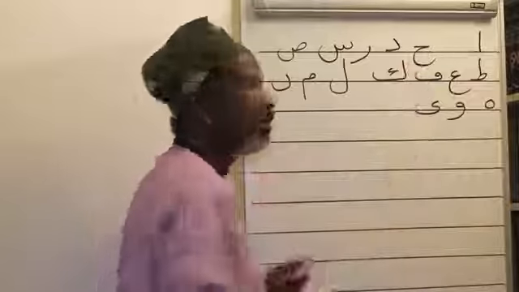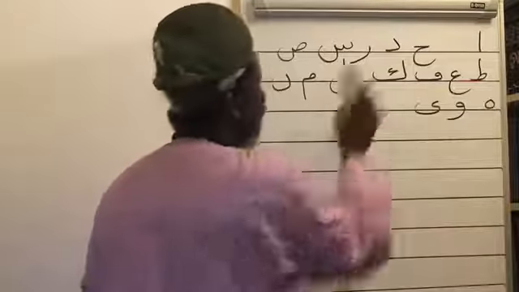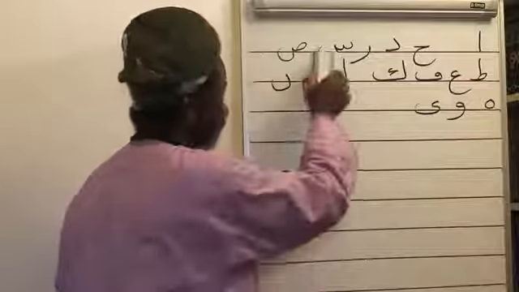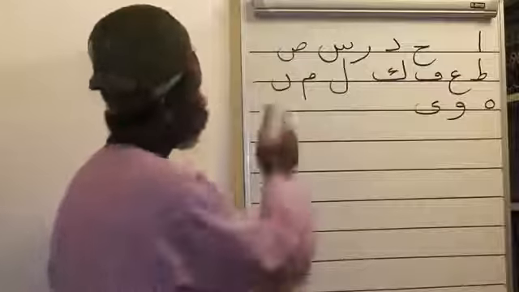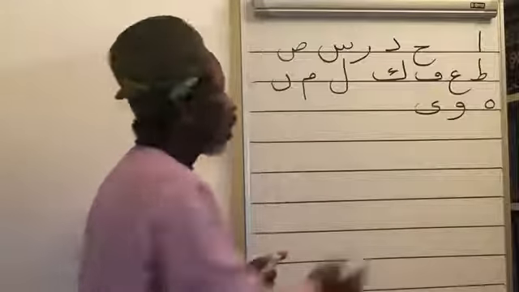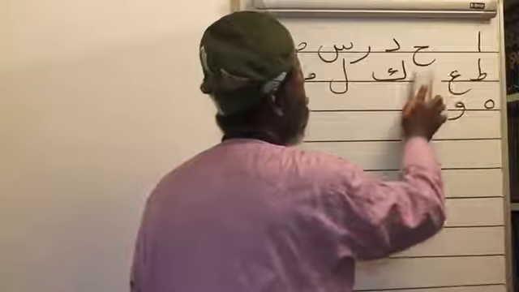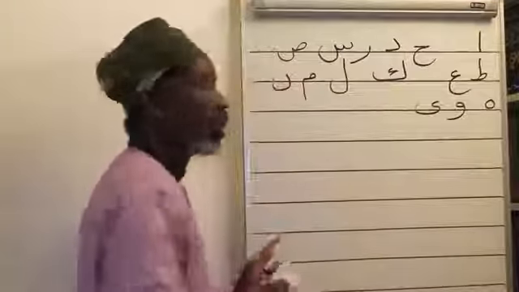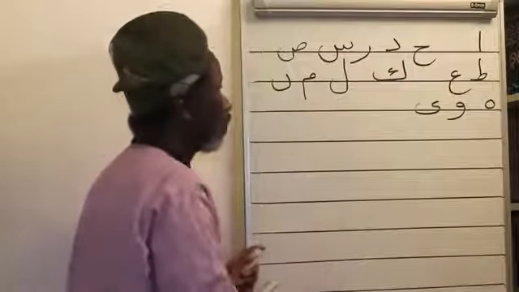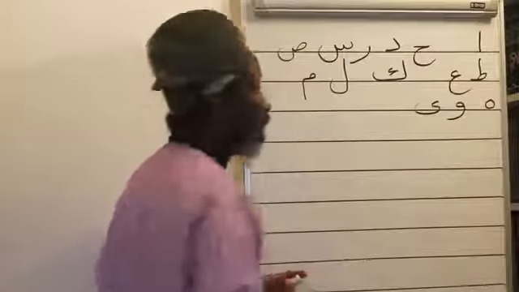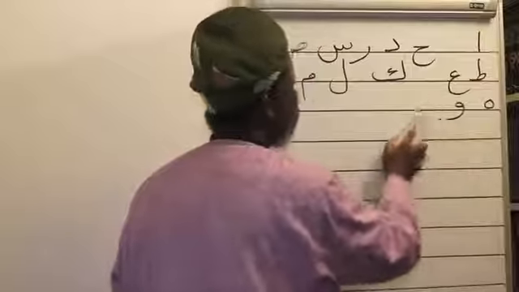This one, ha, no dot. Dal, no dot. Ra, no dot. Sin, no dot. Sad, no dot. Ta, no dot. Ain, it's not there. Kaf, no dot. Lam, mim. Noon, ha, waw; ya has dots.